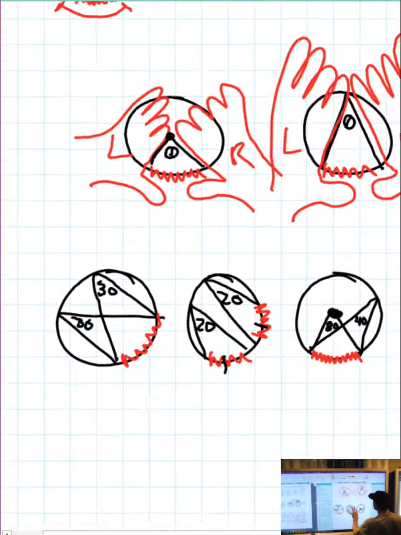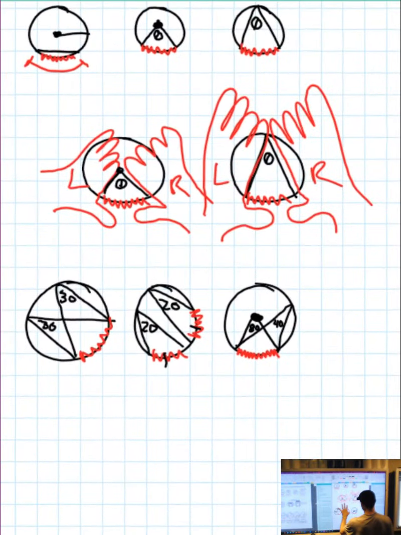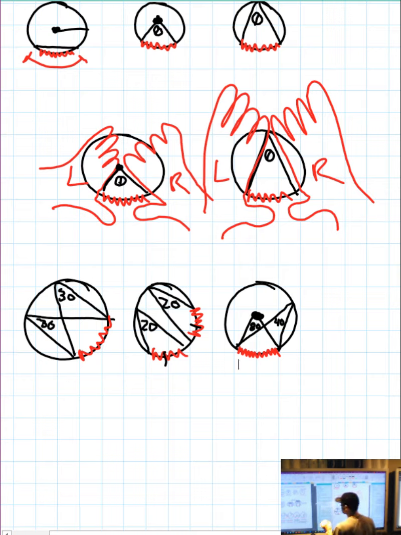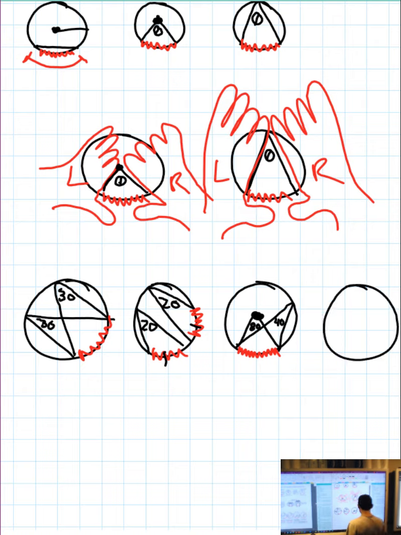And here we know that central angles are twice inscribed angles if they come from the same arc. Or inscribed angles are half central angles if they come from the same arc. So the central angle is going to be double what the inscribed angle is if they come from the same arc. Our last rule, if we have the center and we have equal arcs represented by ticks, we know that the angles are equal.